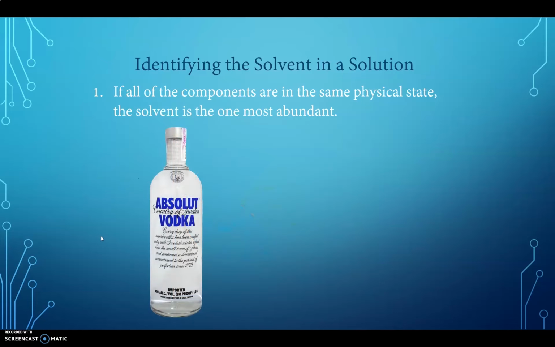If a solution contains only liquids, vodka is a good example. Alcoholic beverages are mostly alcohol and water. Vodka happens to be 40% alcohol, which means it's 60% water. They're both liquids, so we simply pick the one there's more of, and that means that water would be the solvent in vodka.